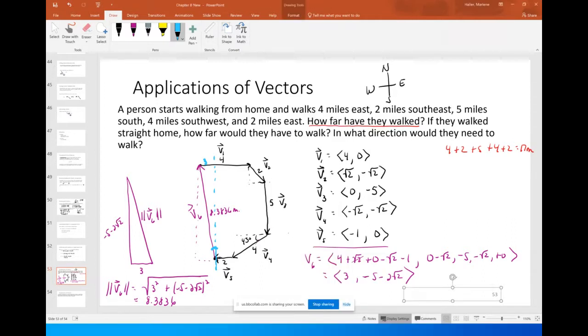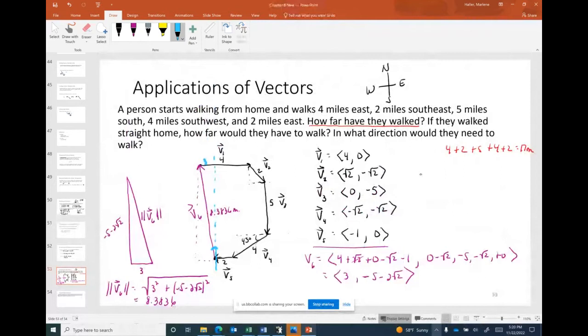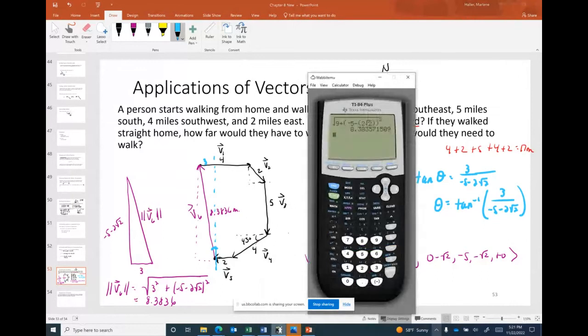All right, so my angle then, I can say that the tangent of theta, my little angle there, which is going to give me that direction, is going to be opposite over adjacent sides. So 3 over negative 5 minus 2 square roots of 2, right? Take the inverse tangent of both sides. So then theta is going to be the inverse tangent of 3 over negative 5 minus 2 square roots of 2. Now let's see what that is.